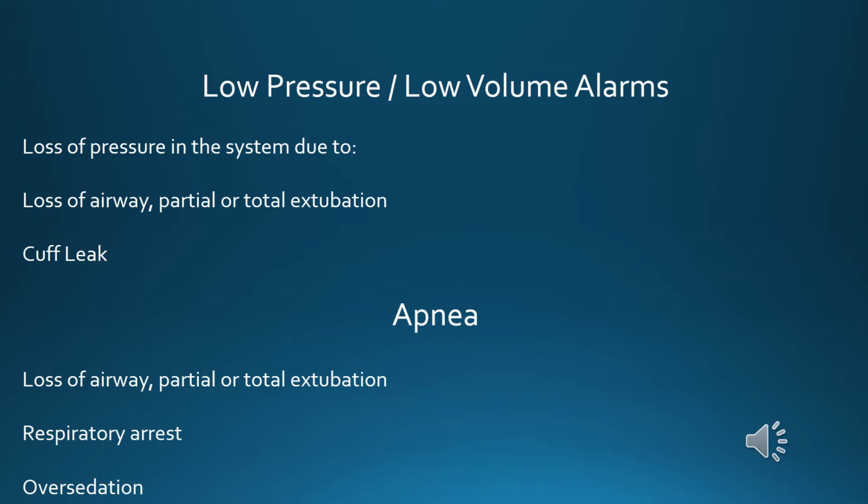Oversedation is also another common cause of this apnea, but again, that mostly will occur in pressure support ventilation, where the patient's kind of in control of their own respiration. When you're in assist control, the machine has that mandatory breath rate. So apnea does not happen in those modes, only in the spontaneous breathing modes.